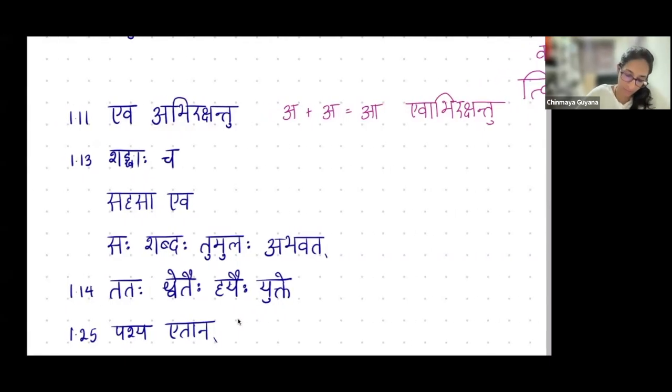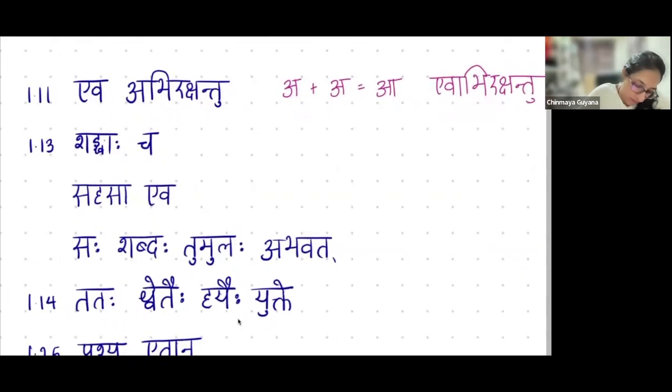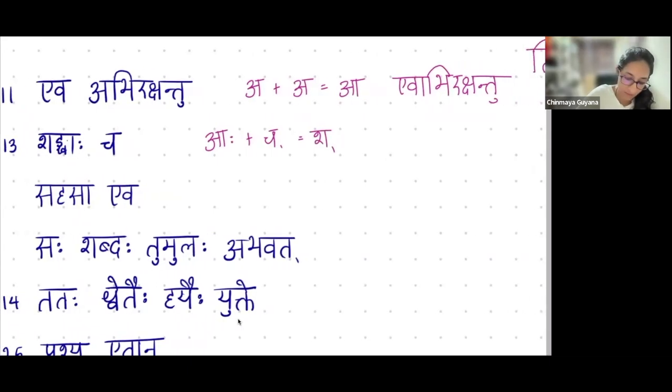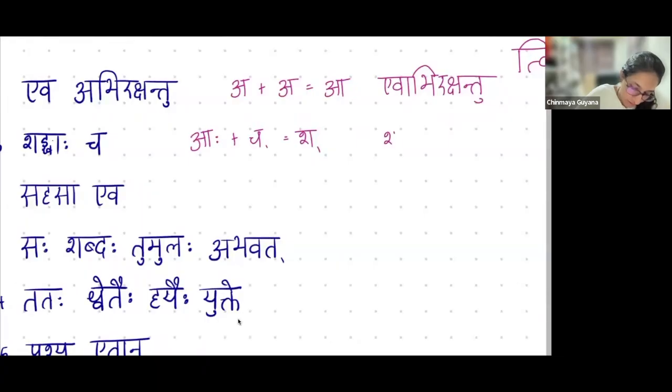Shankhaha cha. We've done plenty of this now. Visarga plus cha equals shahalant. That means the visarga is going to become shahalant. So this answer is going to be shang the halant, the visarga changes into shahalant and it's meeting a cha.